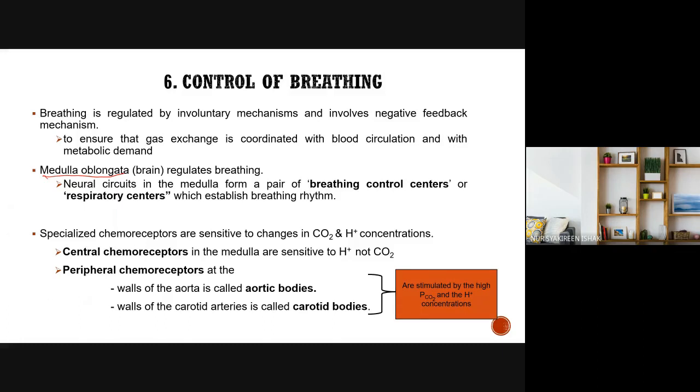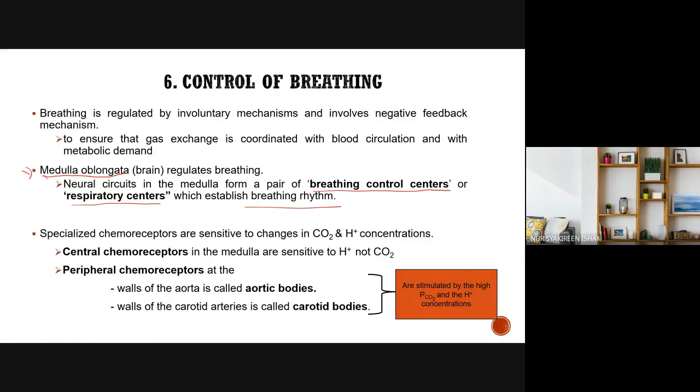Okay, so neural circuits in the medulla form a pair of breathing control centers or respiratory centers which establish breathing rhythm. Okay, awak bernafas dengan laju ataupun dalam keadaan normal. Okay, so it is regulated here in the medulla oblongata.